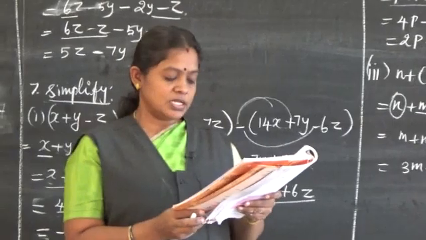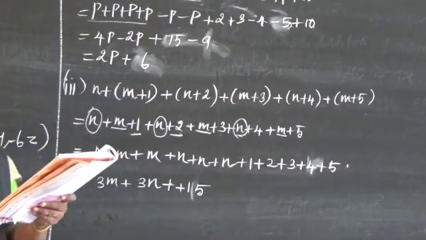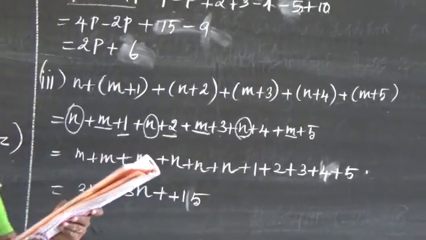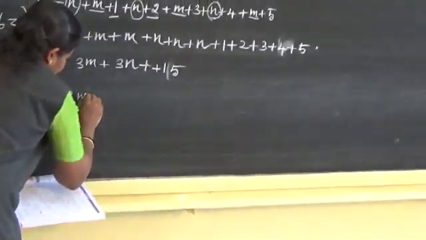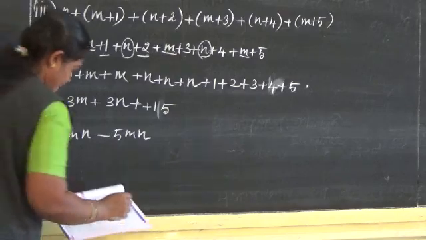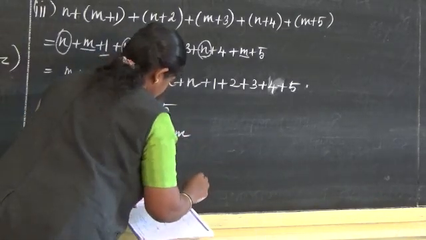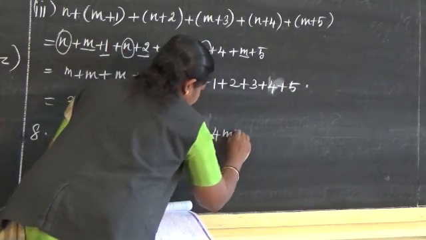The 8th question, the addition of 3mn, minus 5mn, 8mn and minus 4mn. They are asking you the addition of 3mn minus 5mn plus 8mn minus 4mn.